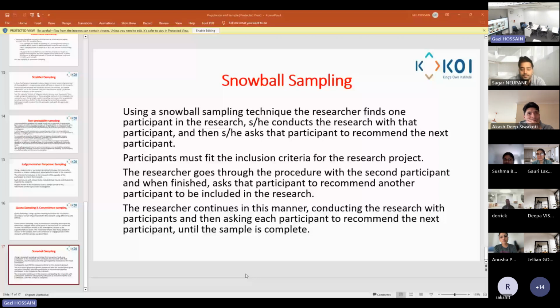So this is snowball sampling, specifically when the researcher is new in an area or location. However, this snowball technique will be very time consuming and also very hard. Not only time consuming but also very difficult to collect the required number of data.